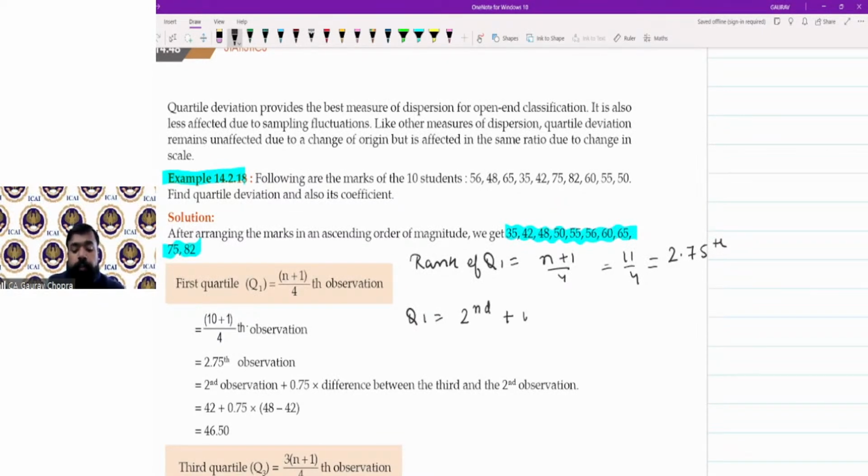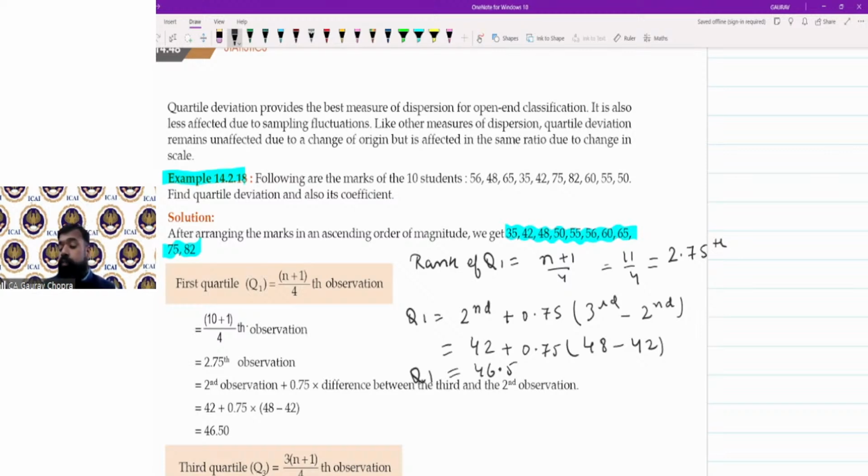Second value plus 0.75 multiplied by, since 2.75 comes in between the second rank and third rank, third minus second. The second observation is 42, plus 0.75 times (48 minus 42). So the result is 46.5. This is Q1, the first quartile.